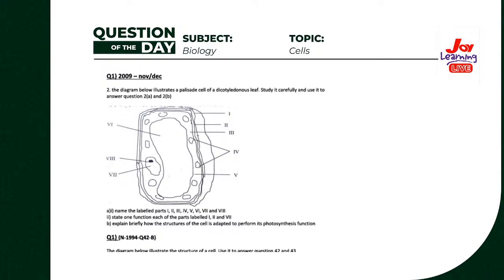The V is the cytoplasm, correct? The VI is the vacuole or the sap. The VI is the, yes, sap. And the VIII is the nucleoplasm. You're talking about V with the 3 eyes there. That's 8. Yes, sir. Okay.